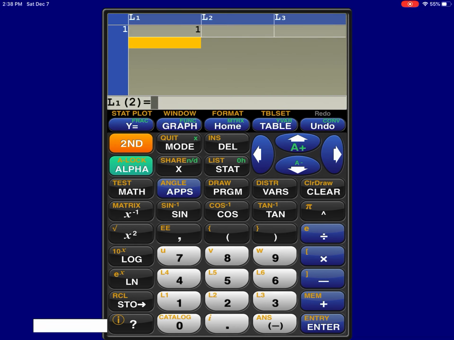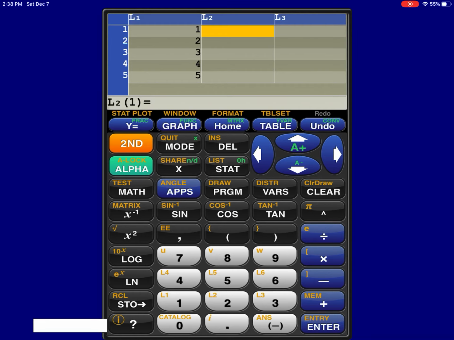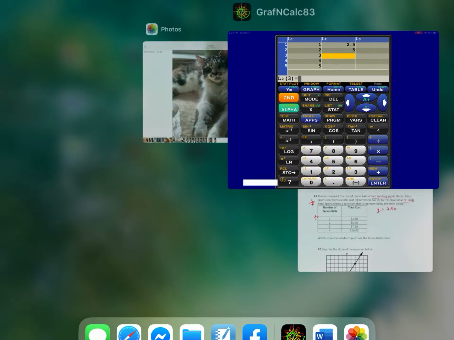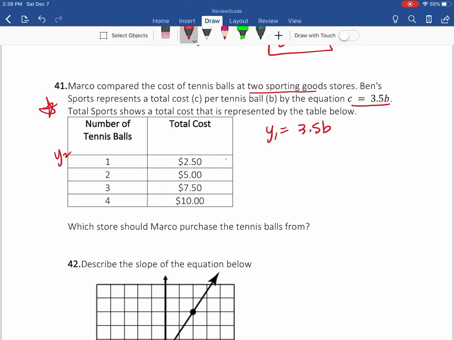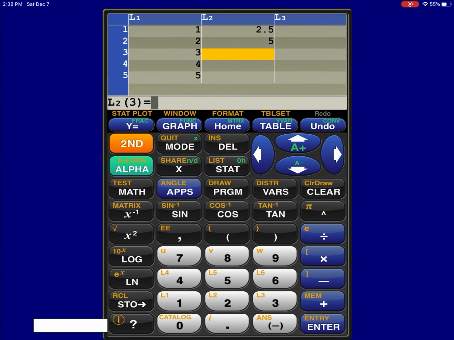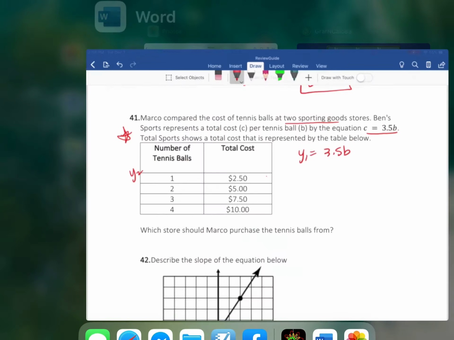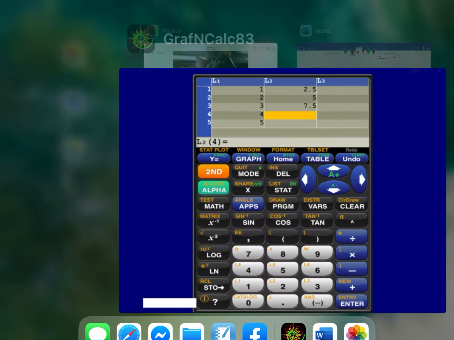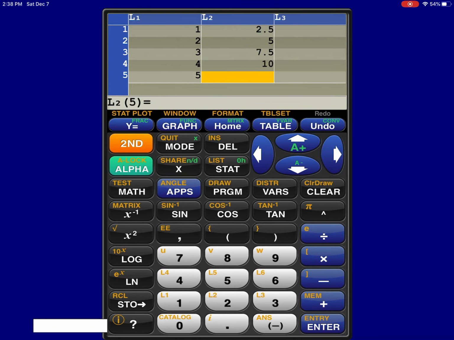So I'm going to go to stat, edit, and I'm going to hit in my numbers 1, 2, 3, 4, and 5. And then I have 2.5, 5, 7.5, and then I have $10.